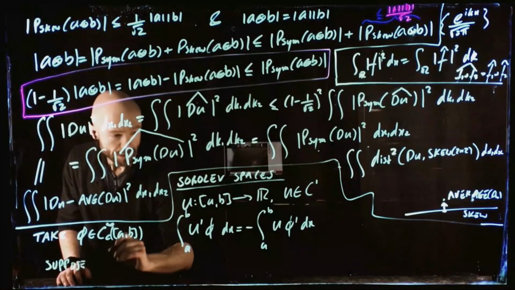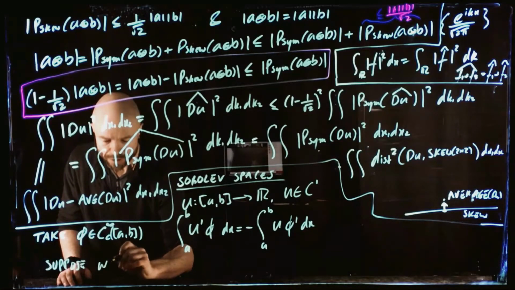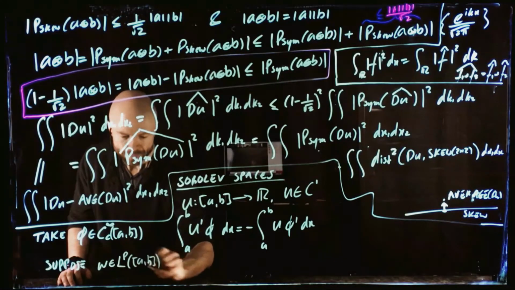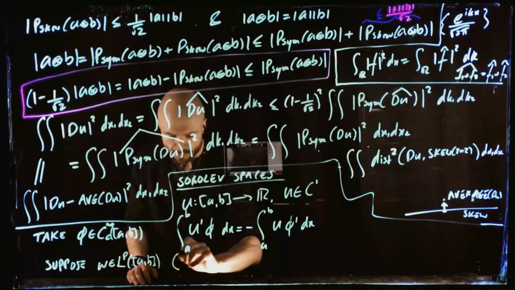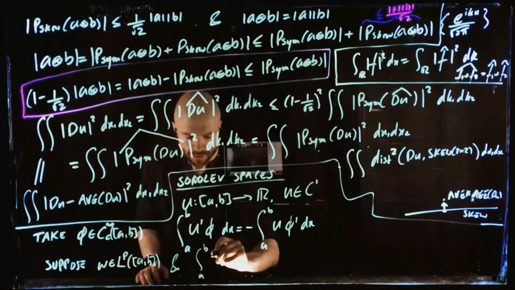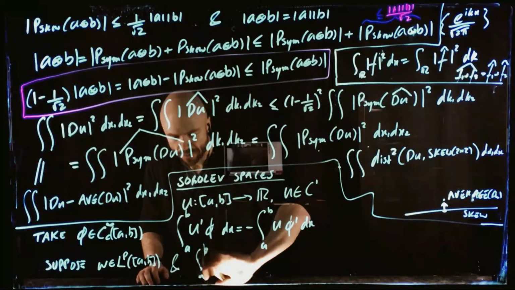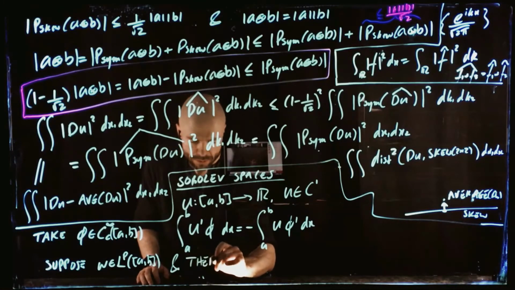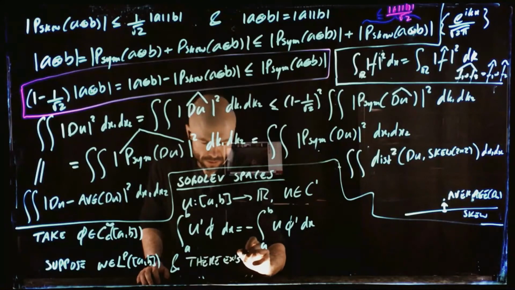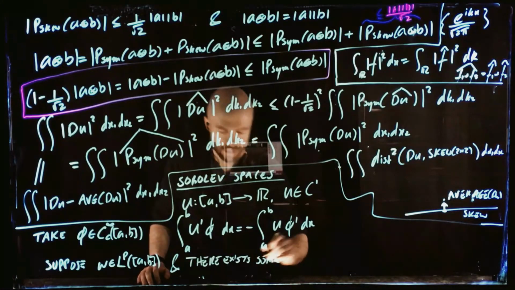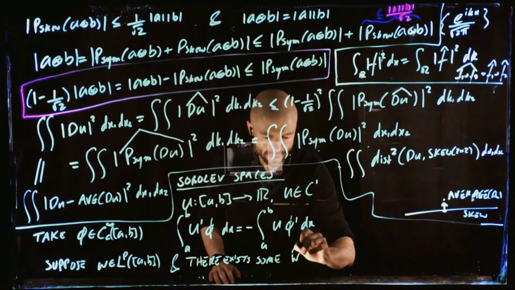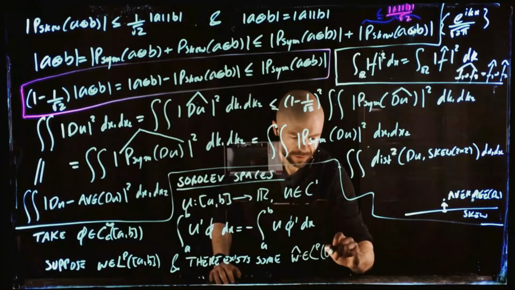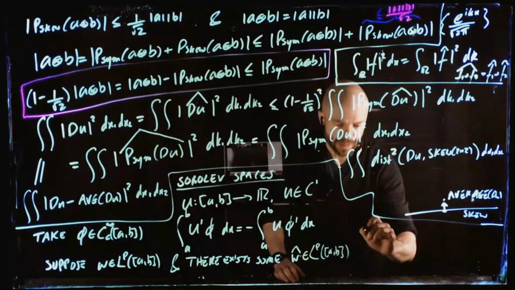we have just a function, let's say W, which is, say, in L^p of the interval (a, b), okay? And the following is true: there exists some, let's call it W hat, belonging to L^p of the same interval, such that the same equality holds true.